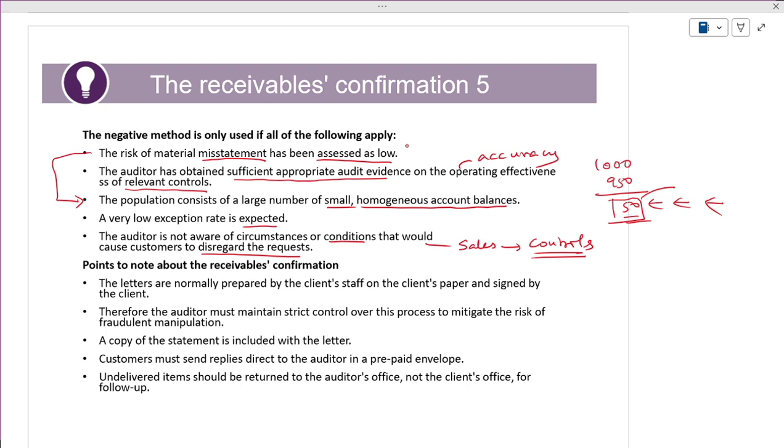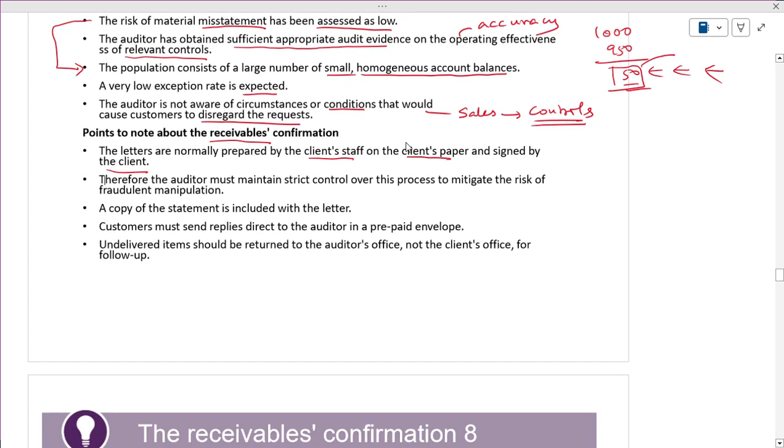Most importantly, the points to be noted about confirmation. The letters are normally prepared by the client staff on the client's paper and signed by the client. It has been prepared by the client, which means the auditor is only a part of that activity, but everything will be done on behalf of the client.